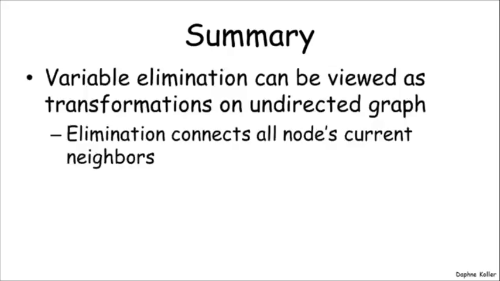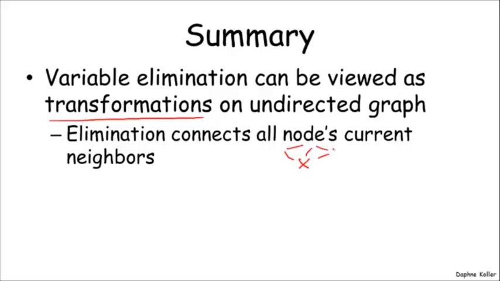In summary, we've seen that the variable elimination algorithm can be viewed quite intuitively as taking a set of steps, each of which transforms the graph. Specifically, a variable elimination step for a variable x takes all of x's neighbors, that may or may not have been connected before, and connects them to each other.